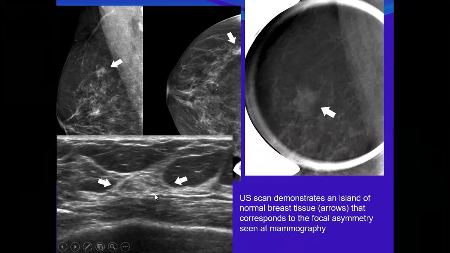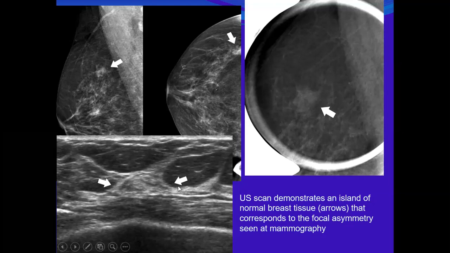Now you understand the difference between superimposition of tissue and island of breast tissue. We said the focal asymmetry is real. Real doesn't mean that. Real means not superimposition of parenchyma. But still it can be just normal parenchyma, like an island of parenchyma.